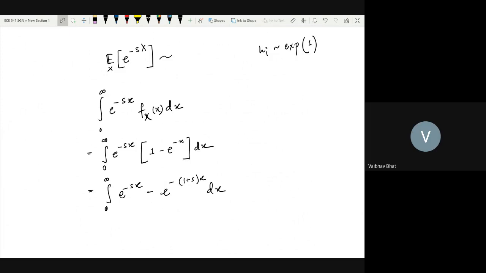So 1 by s plus 1. Sorry, yeah, this is 1 by s into s plus 1. Are you sure? Yes, sir. Is everybody getting the same answer? Minus of 1 by s into s plus 1. Okay, so that's option number 1. Option number 2 of minus of 1 by s into s plus 1. What else are we getting?